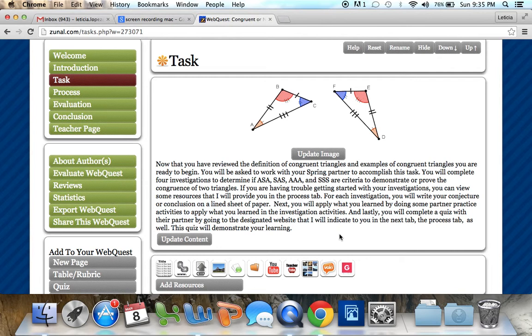For each investigation, you will write a conjecture using if-then statements on a separate notebook. You'll be working with a partner to do this.